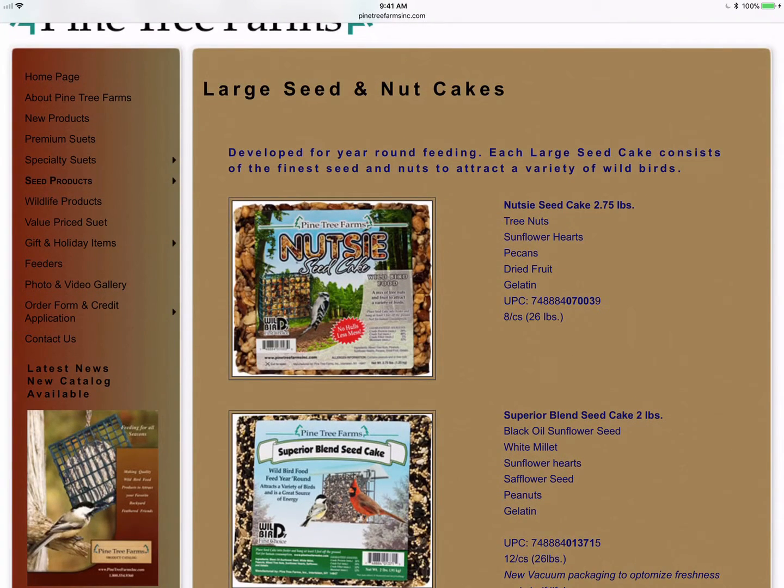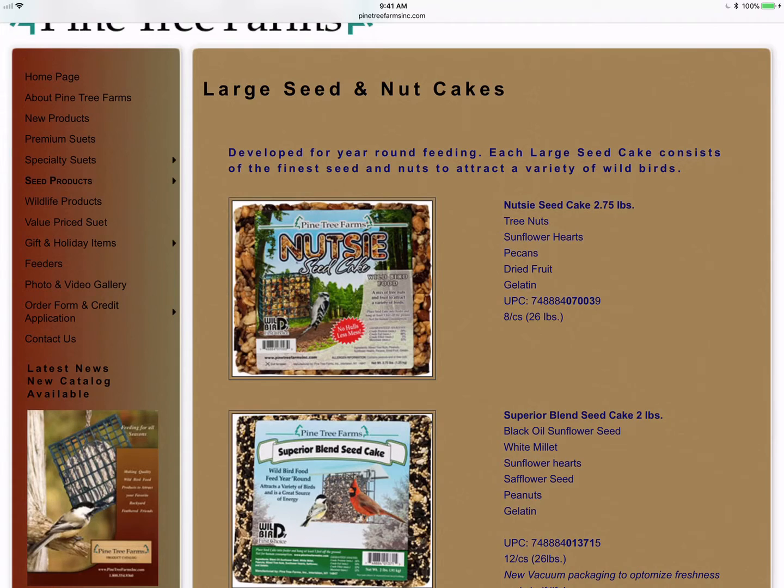So here's the seed cakes at Pine Tree Farms. The problem is that when Co-op buys them, there's a long lead time. They don't quite know when they're going to arrive. So Co-op doesn't know, when they place the order, and I believe this company is in New York, if it's going to take a week, 2 weeks, 3 weeks.